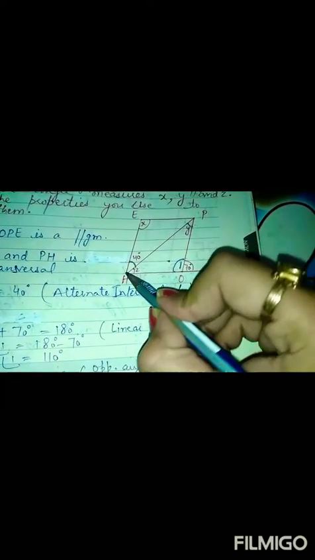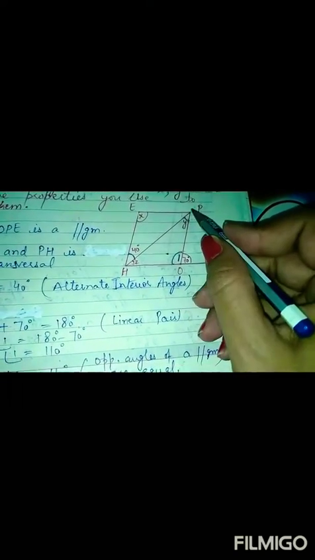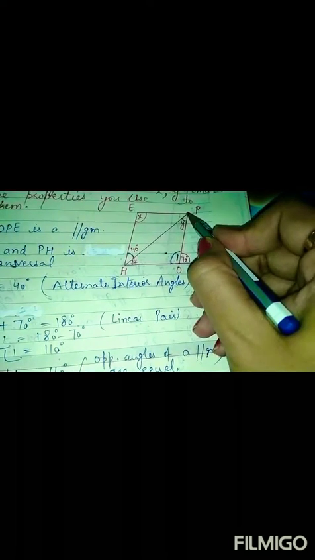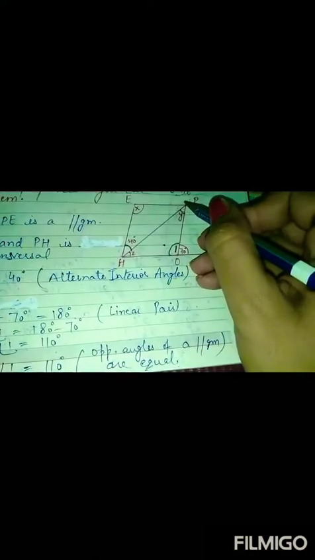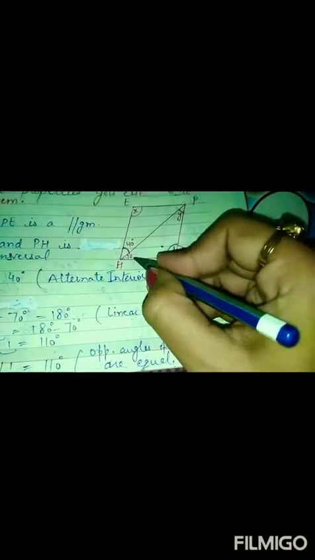Now look at the triangle HOP, because we have to find the value of Z now. Clear?